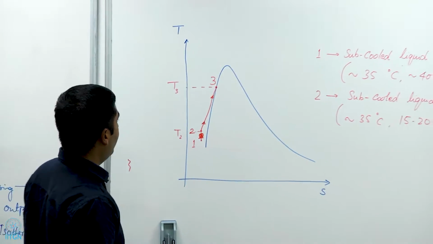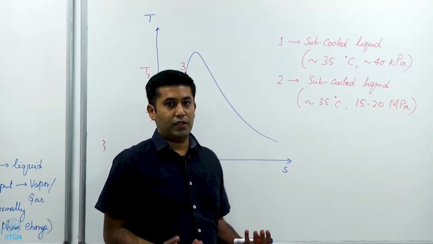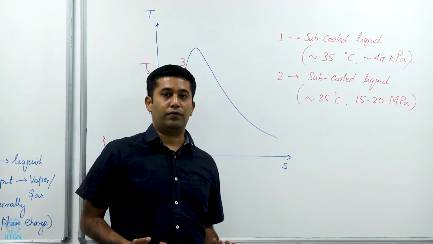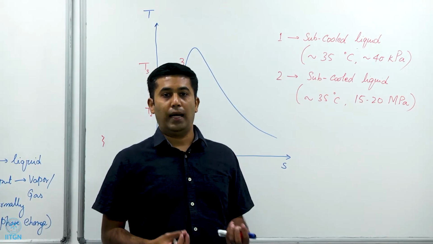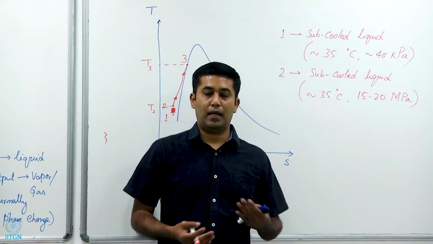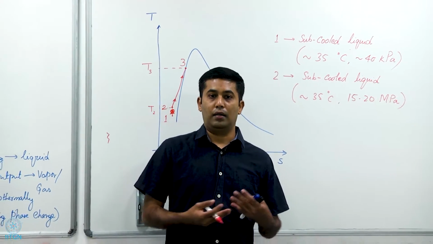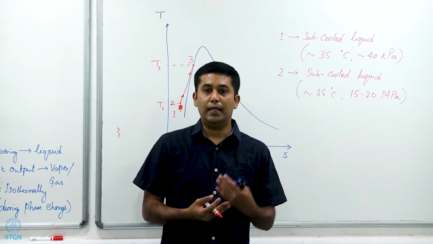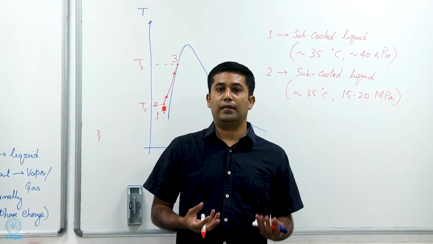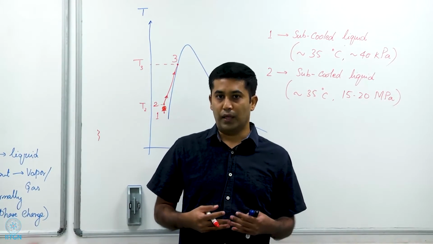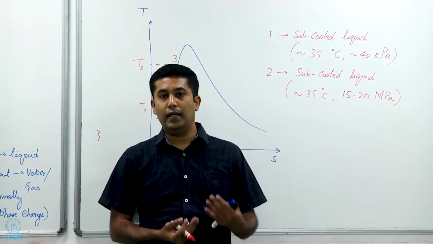Where does this energy come from to heat up the water from T2 to T3? It comes from the exothermic reaction of coal, and the gases and the water are exchanging heat through a heat exchanger. That is, they are not in direct contact because the coal gases and the steam cannot be allowed to mix, but they exchange heat through a heat exchanger.